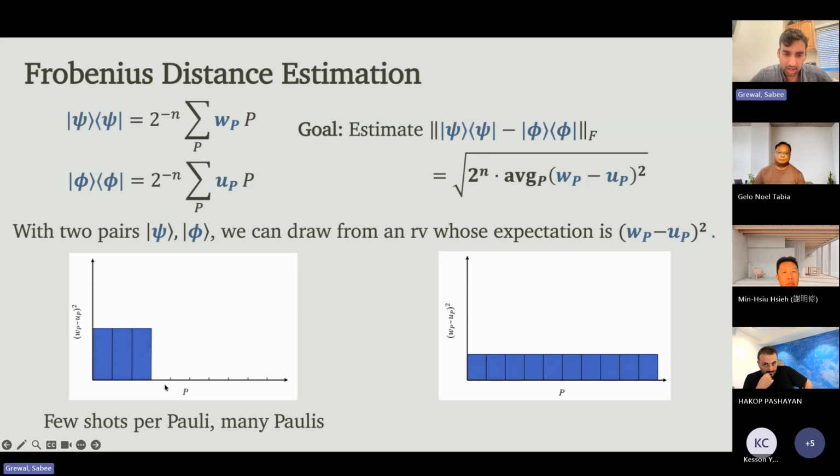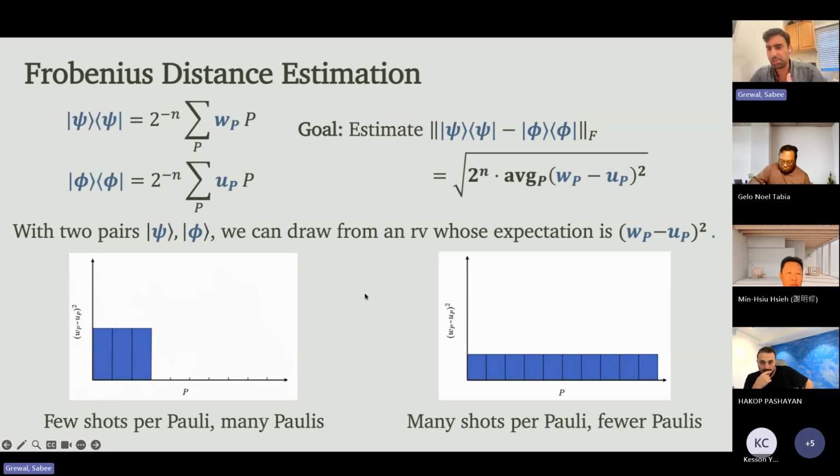That's because most of the time we're going to sample Paulis where the difference of the coefficient squared is 0, and we're going to get no information really. And so we want to sample many of them to increase our chances of hitting one of these non-zero ones. And then we'll use a much smaller number of shots to get some signal from these. And that's okay because these are actually quite large.